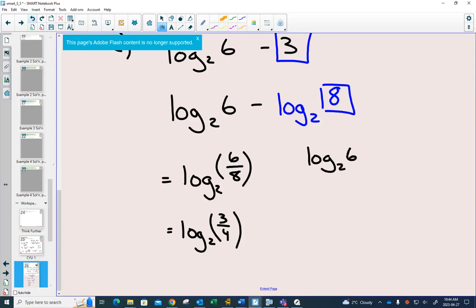Log base 2 of 6 minus 3 equals, and let's say we have A, B, and the right answer is going to be C, and the right answer is log base 2 of 3 minus 2.